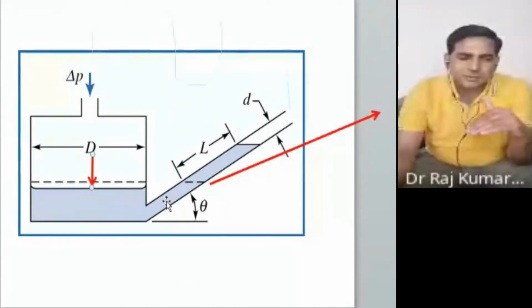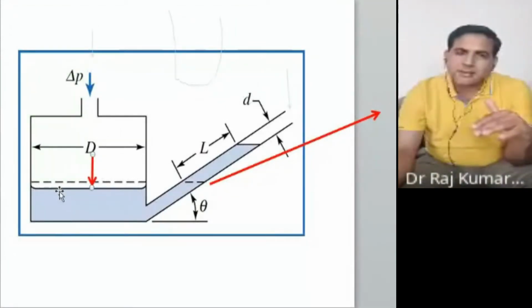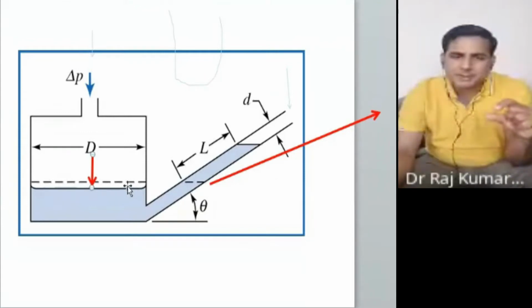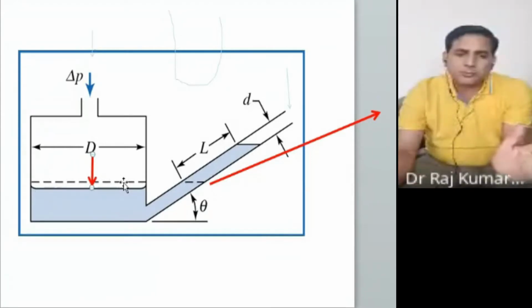So this much is your delta change, the change in volume in this container. If it is a cylindrical tank, for this much H, the volume would be pi d square by 4 into H, right? That much has been changed. Yes or no? Yes, sir.